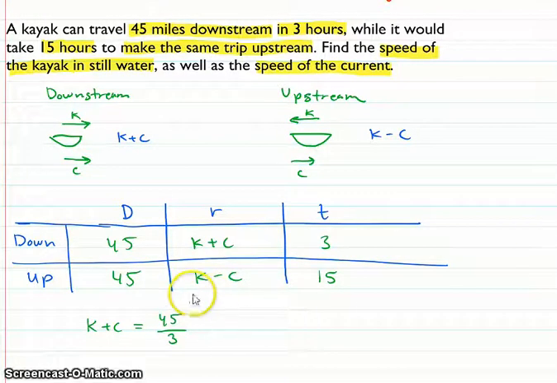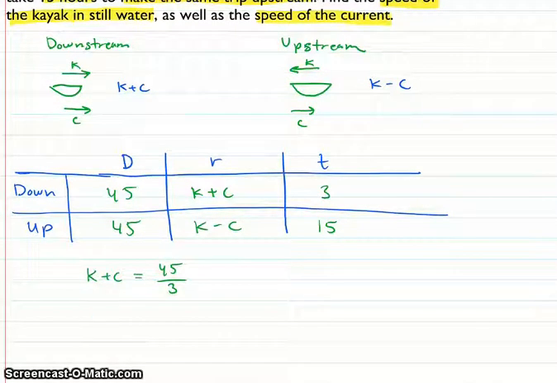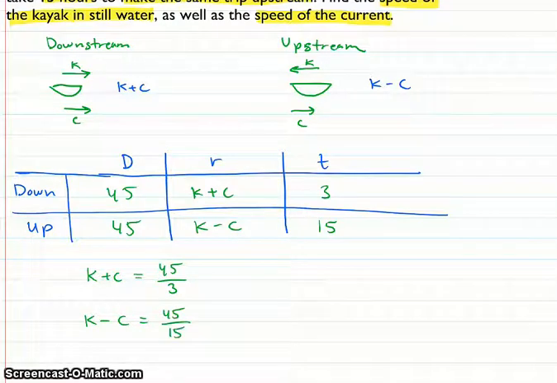The other equation is K minus C is equal to the rate, but the rate is also equal to distance over time. That's 45 over 15. So we have K minus C is equal to 45 divided by 15.